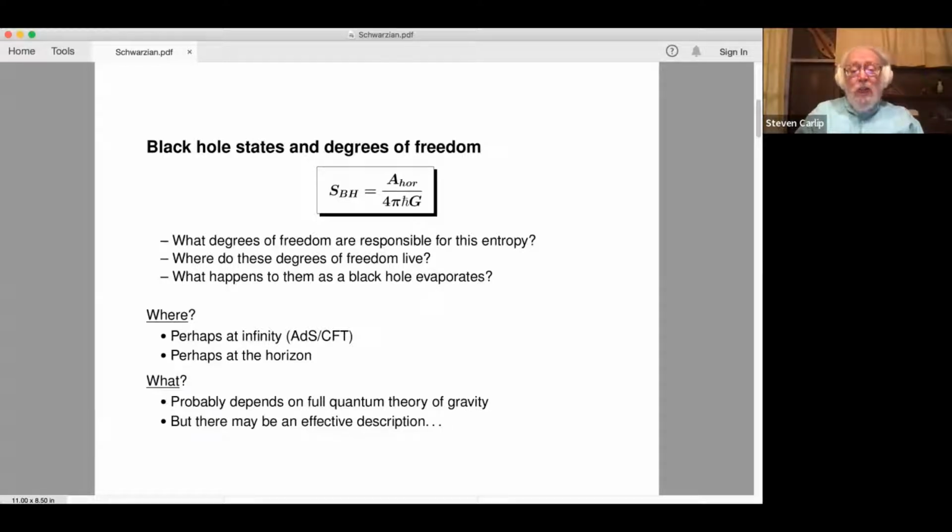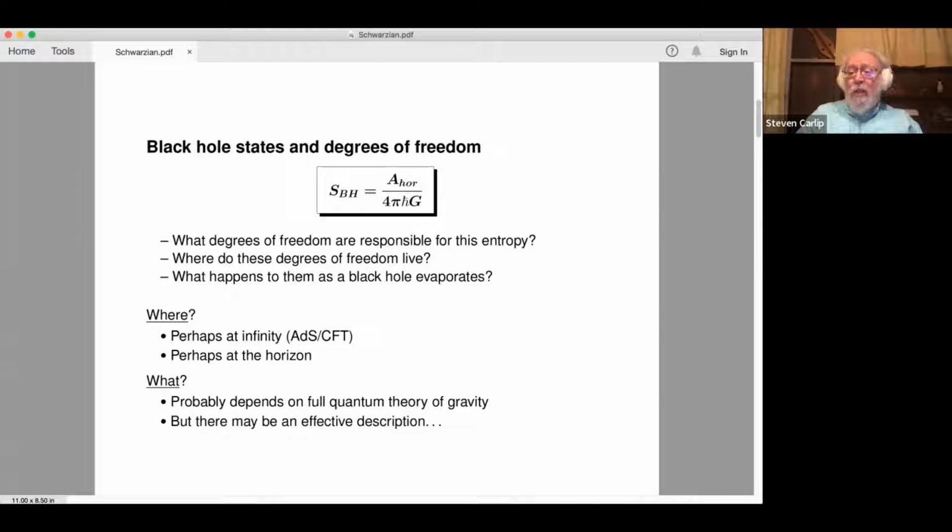Going backwards, the second question is, where do the degrees of freedom live? And there are two natural guesses. One is that they're at infinity, as in the AdS/CFT correspondence. And the second is that they're at the horizon or at some sort of horizon of the black hole. These two are not necessarily exclusive.